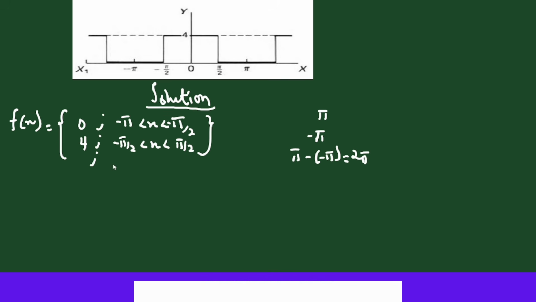Then from pi on 2 to pi, it is on the horizontal axis at 0, so f of x is 0. Then we write our period here: f of x plus 2 pi.